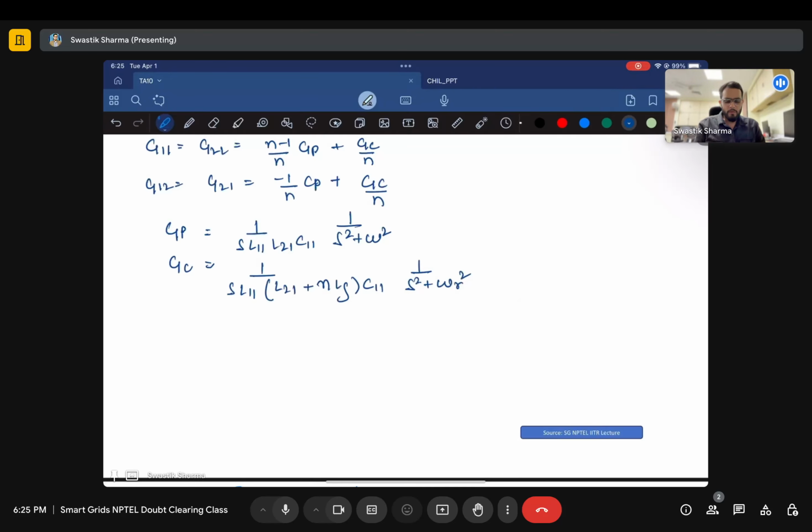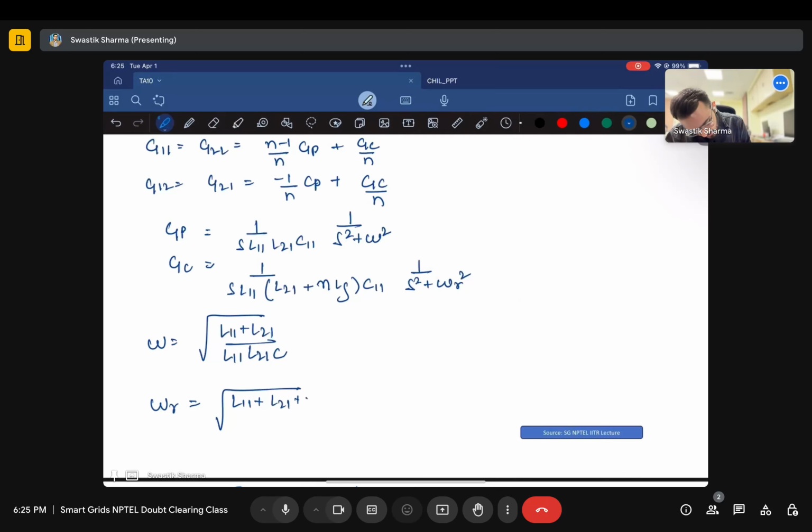So omega is your resonant frequency, and this resonant frequency is given by L11 plus L21 by L11 L21 C, and omega R is your resonant frequency when you consider the grid, which is L11 plus L21 plus NLG upon L11 L21 plus NLG times C.